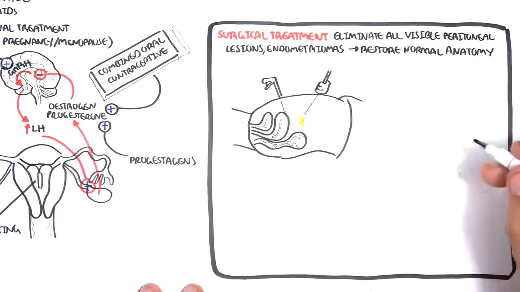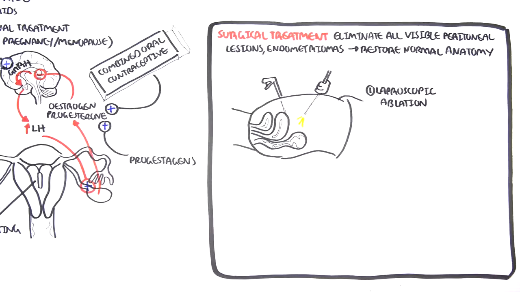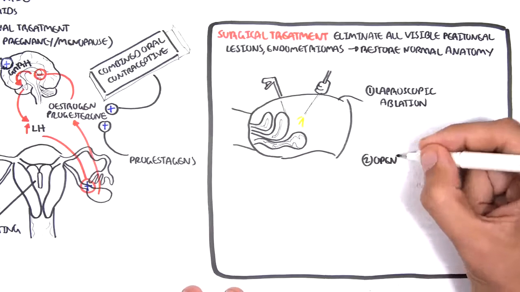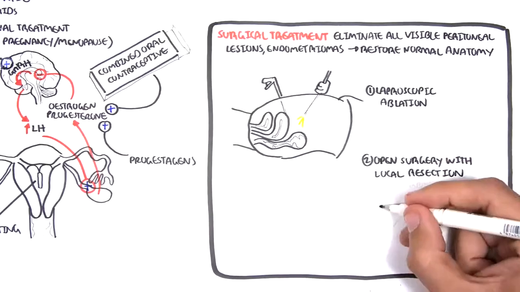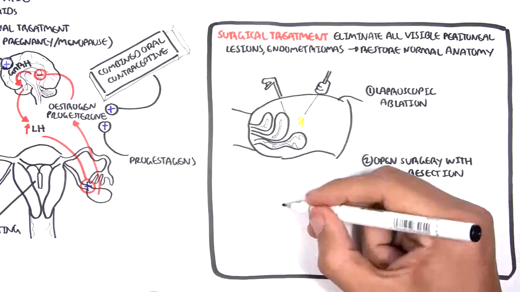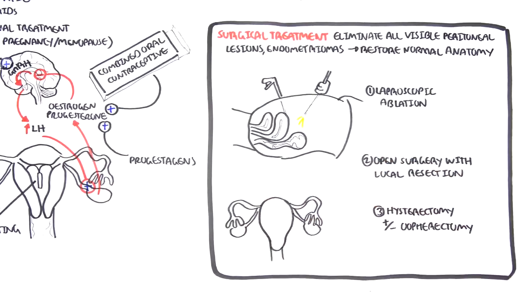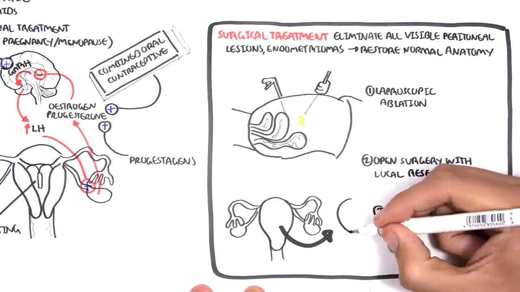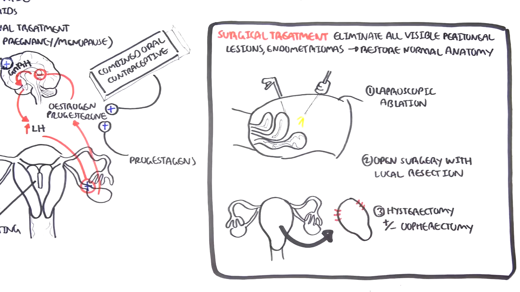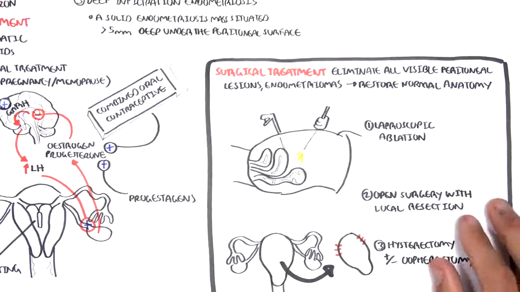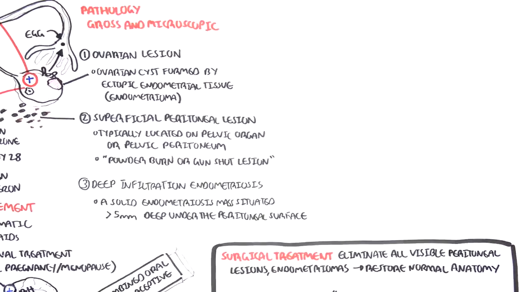There is laparoscopic ablation of ectopic endometrial tissues. There is open surgery with local resection. And there is hysterectomy plus or minus oophorectomy in serious cases. One thing I have not added here is treatment of infertility, as this is also common in people who have endometriosis.